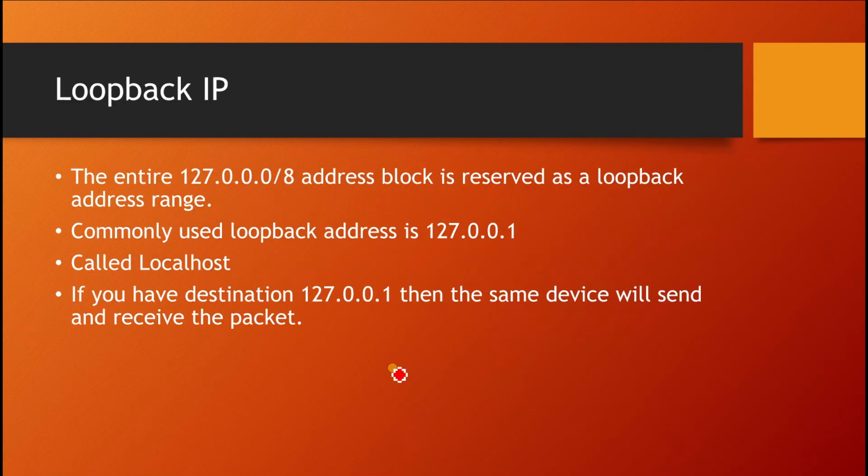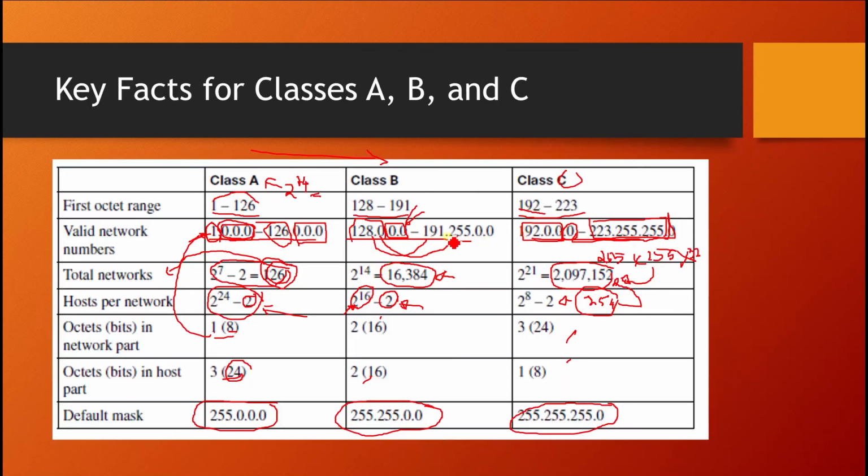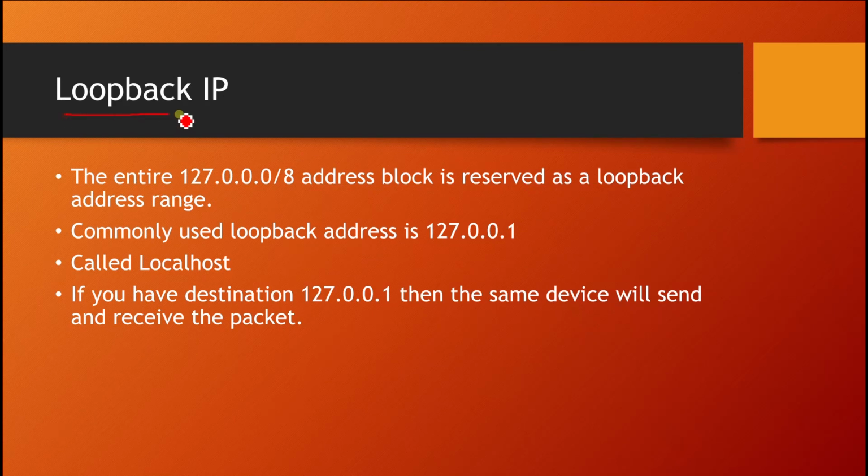And then keep in mind, I didn't talk about 127. See here, 1 to 126, and we missed out the 127 IP address. The reason is that 127 is called loopback. With this loopback IP, we can ping back to your own device, which is mostly for testing your TCP/IP interfaces or protocol suite to make sure it is working.